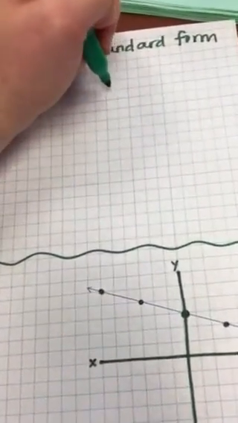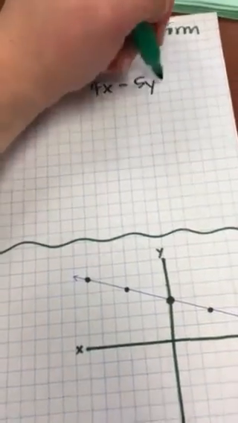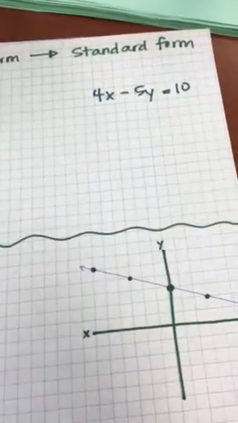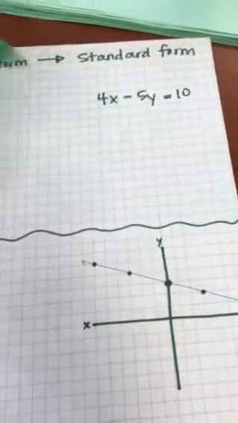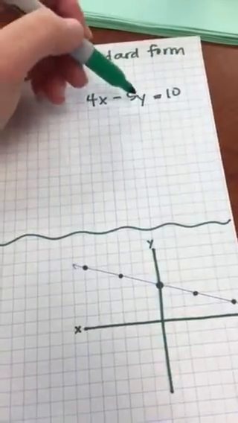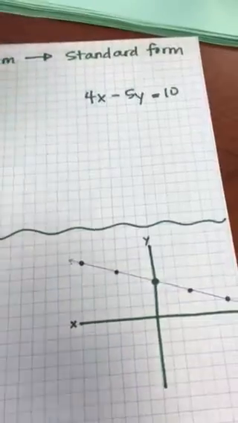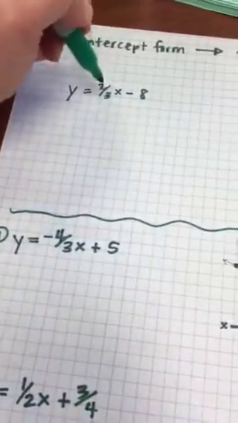So here's an example of an equation that's in standard form. In order for a linear equation to be in standard form, two things need to happen. The first thing is that there are no fractions.